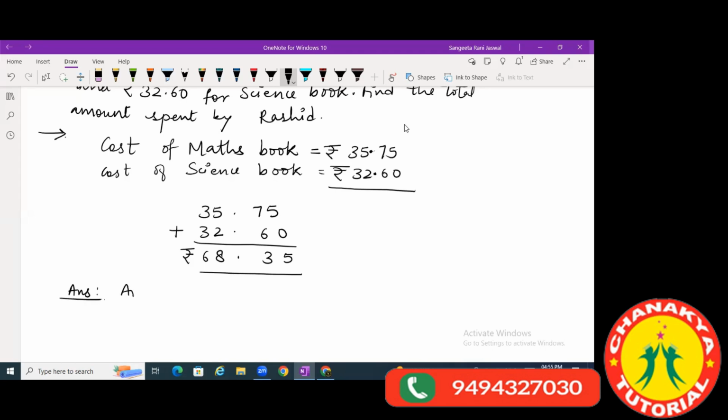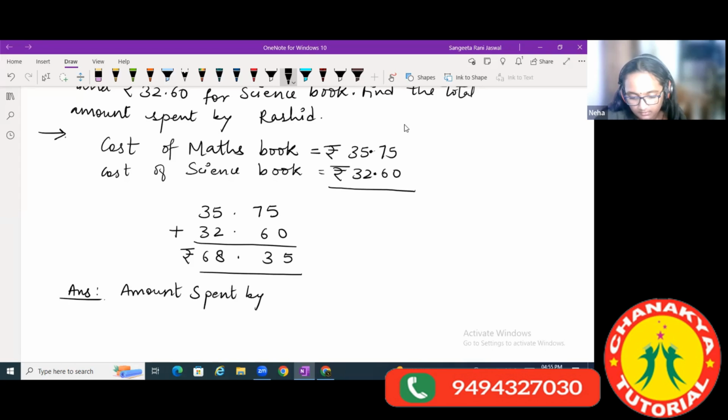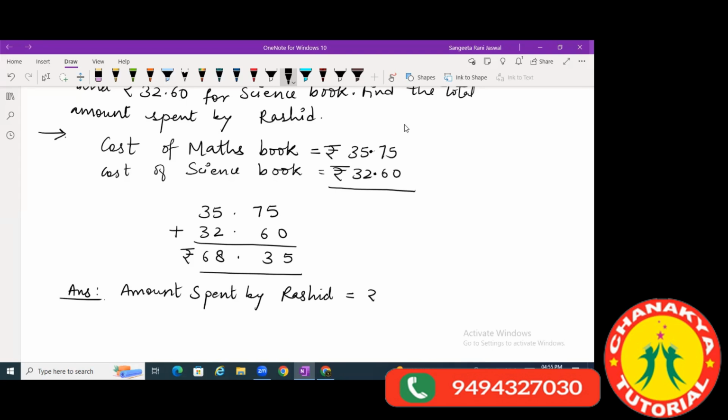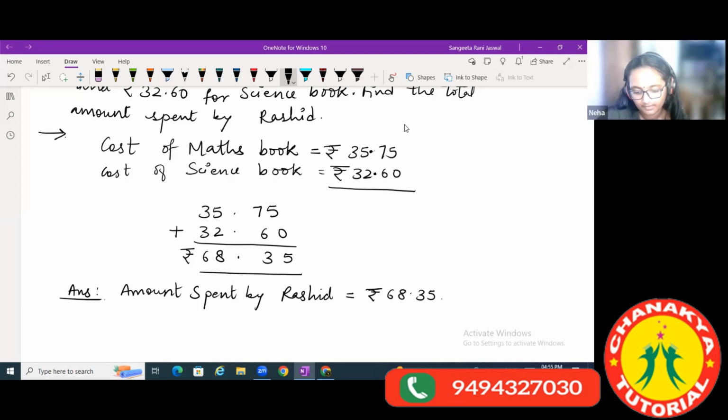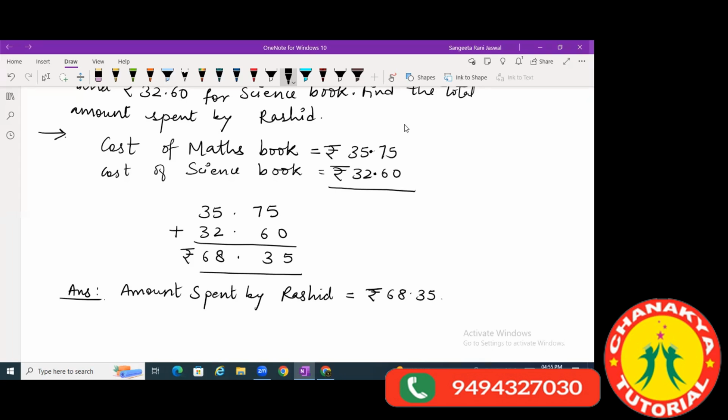So the amount spent by Rashid is equal to rupees 68.35. This is the way you should write. If you get this question, for statement questions you always get more marks. So you get 1 mark for this part, 1 mark for this part, and 1 mark for the final answer. Right? Yes, ma'am.